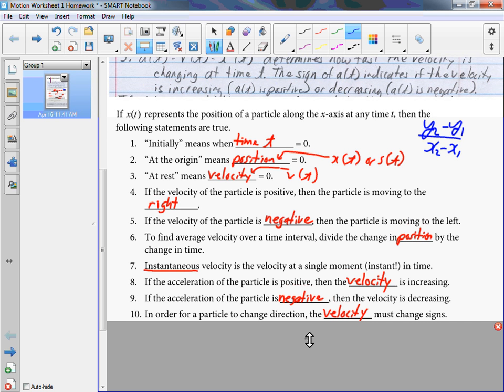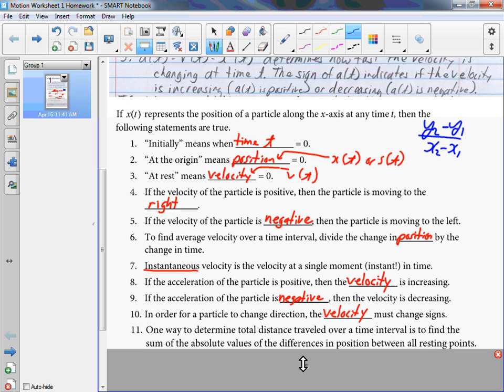It had to equal 0 in between, or vice versa. Maybe it was negative because it was moving to the left and then switched to positive because the object then moves to the right. So don't forget that a direction change, and this is not just velocity, is it? If you've got a graph, for a graph to change from increasing to decreasing, its derivative has to change from positive to negative. Okay?